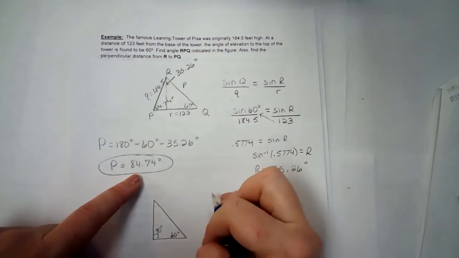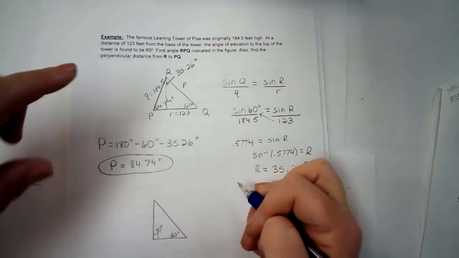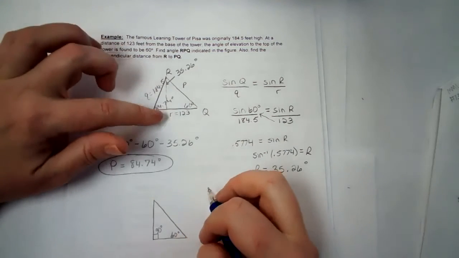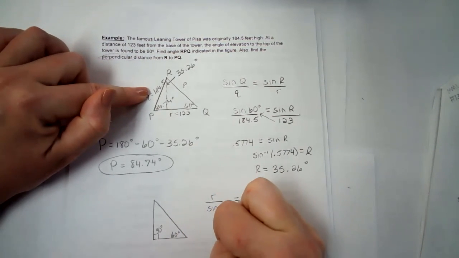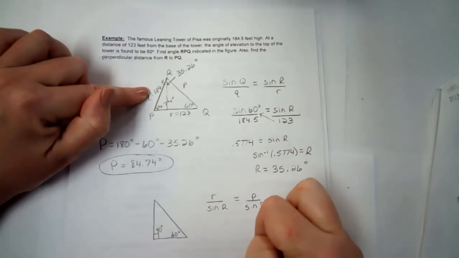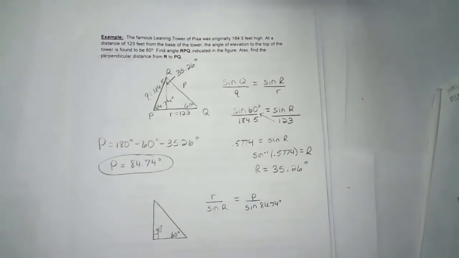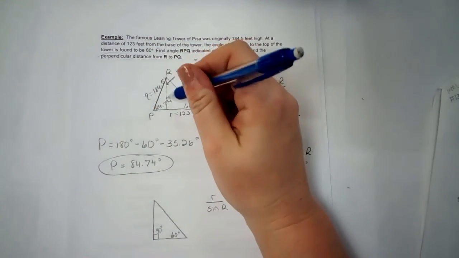All right, so if I do that, I'm going to keep my R's, and I'm going to do R over sine R equals P over sine of 84.74. Now again, you could have chosen this triangle instead and found this side.